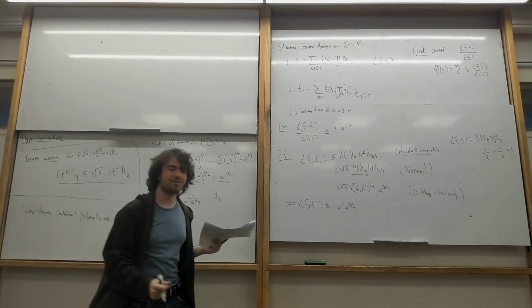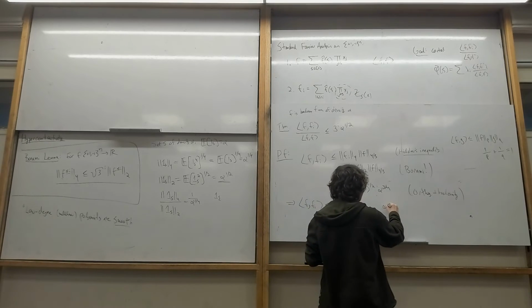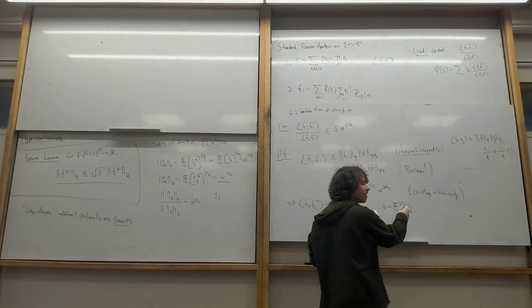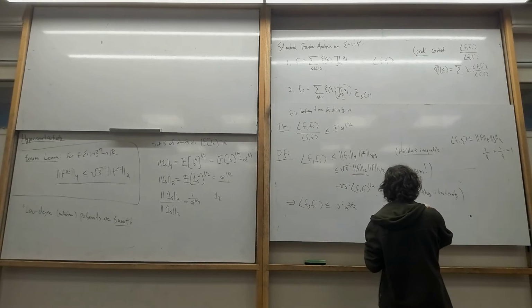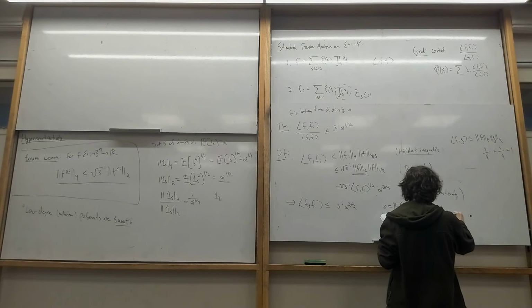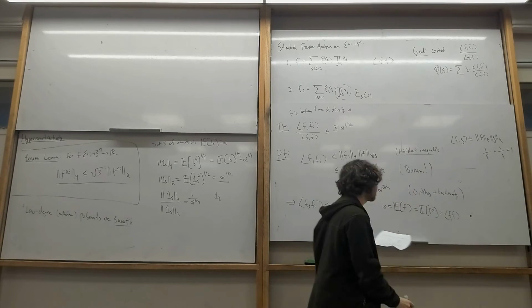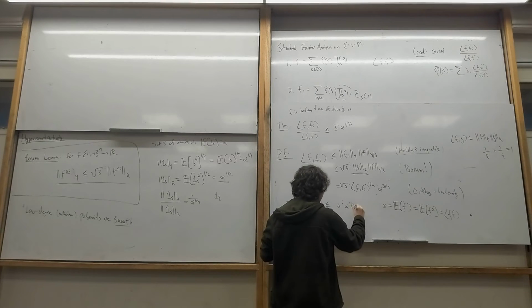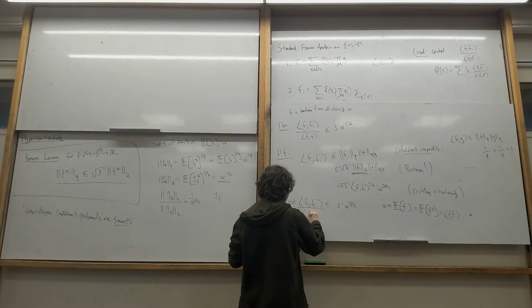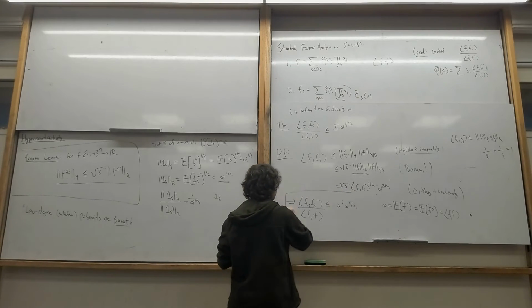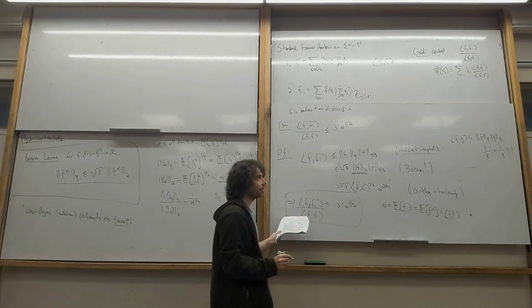Yeah, good. The final step is that alpha, which equals the expectation of f, well, f is Boolean. This is also equal to the expectation of f squared, which is the inner product of f with itself. So I just divide out by that on both sides. Okay, so this gives us this level I inequality.